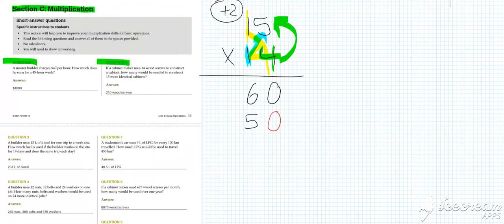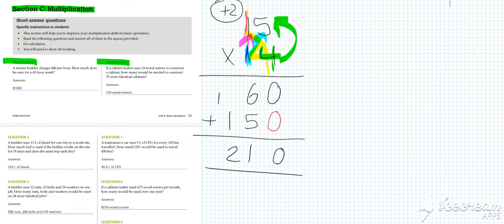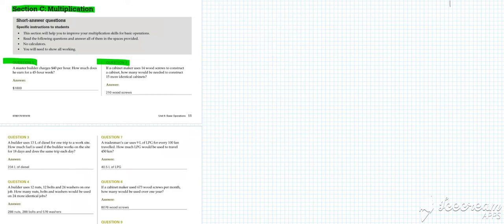And then I'm going to do 1 times by the 1, which is 1. I now have 2 answers, so my final step is to add that together and get my 210 as my answer.